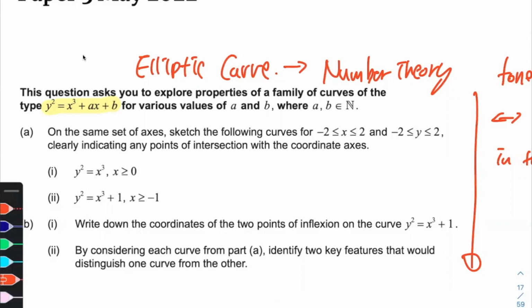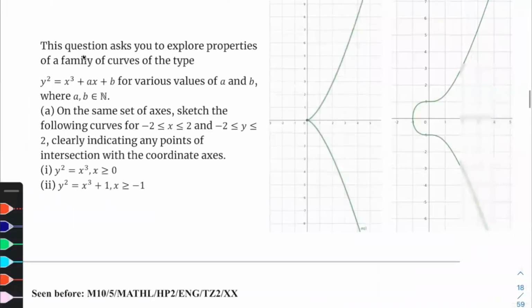What I would say is, you know what, for this Paper 3 problem, I was solving it, and depending on the values of A and B, look at this, A and B are just constant parameters, and they ask you to sketch this. So if I quickly sketch this, as you can see, depending on the constant parameters A and B, the shape changes. Okay, that's interesting.